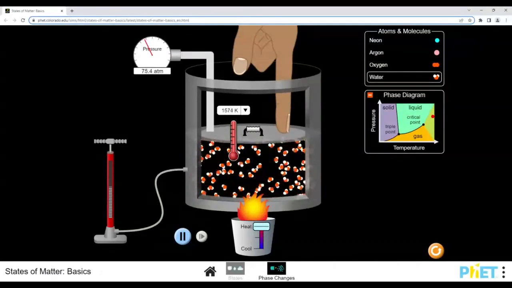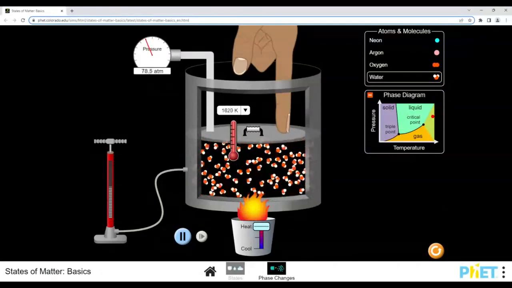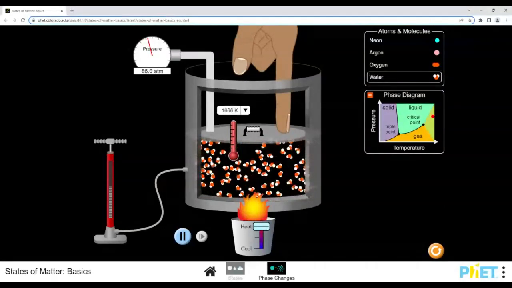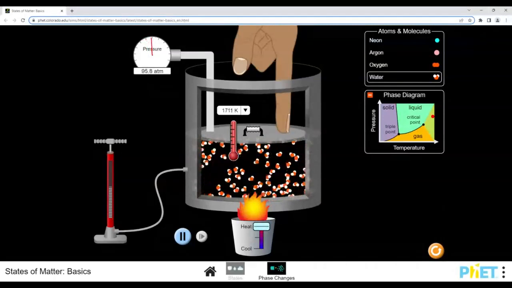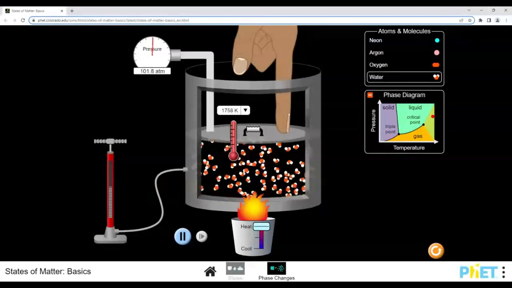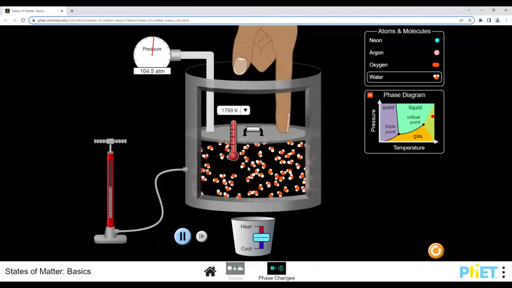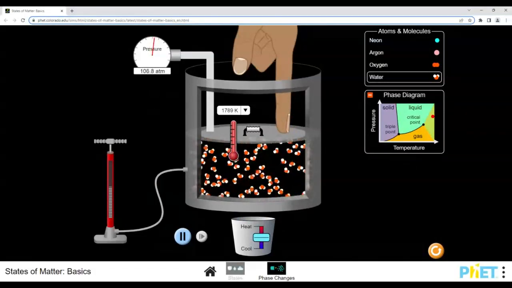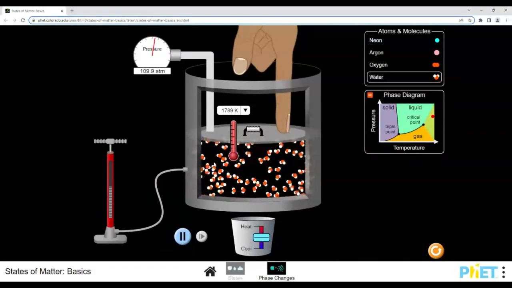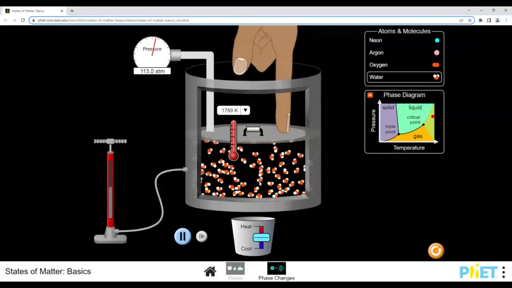Sometimes it takes a little while to have an appreciable difference. Now you can notice that the pressure is bumping into the 80s, almost to the 90s. There's 100. So an increase in temperature will also increase the pressure because the molecules are moving with more energy. They're more likely to bounce around and hit the container and create pressure.